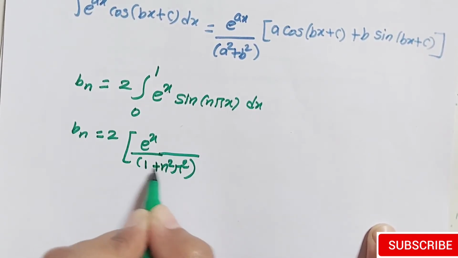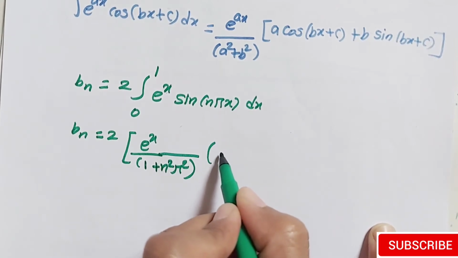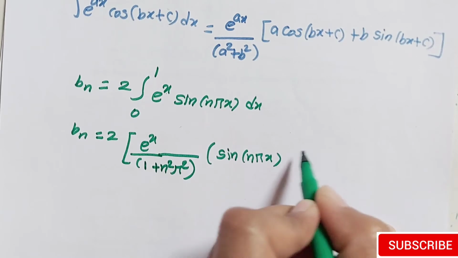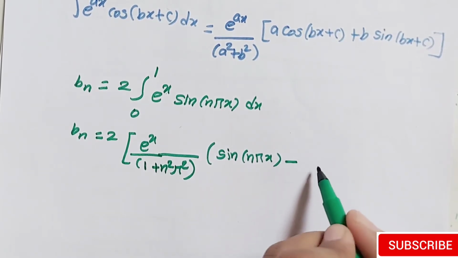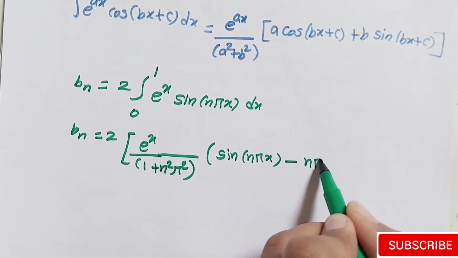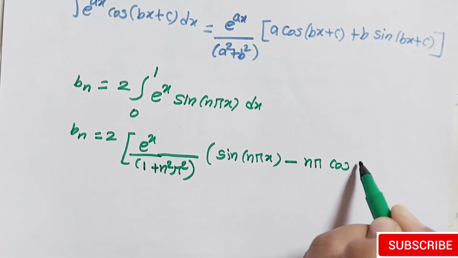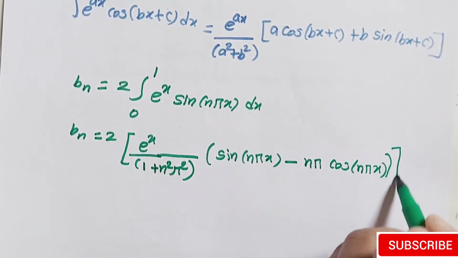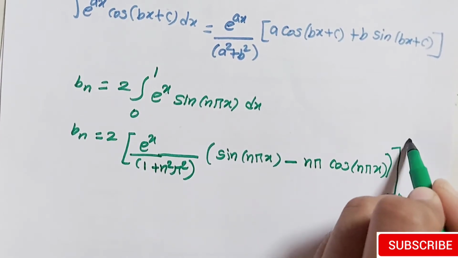So a square plus b square in bracket a sine n pi x, then next is minus b cos n pi x, and the integral limit is 0 to 1.